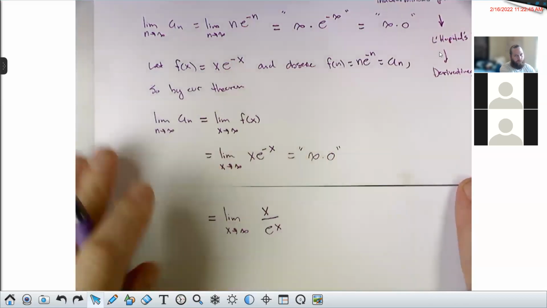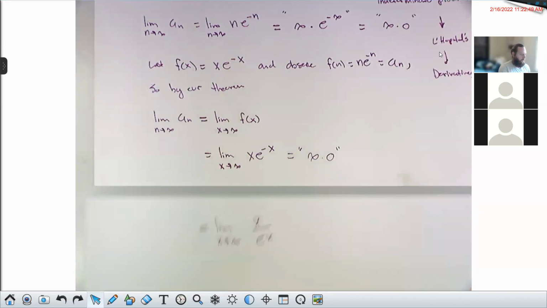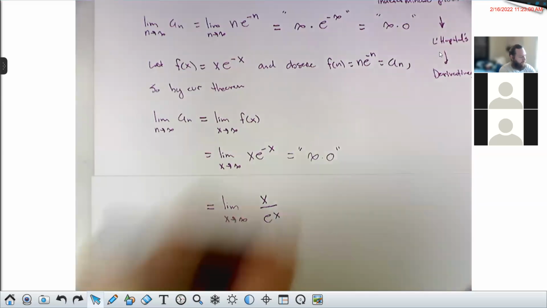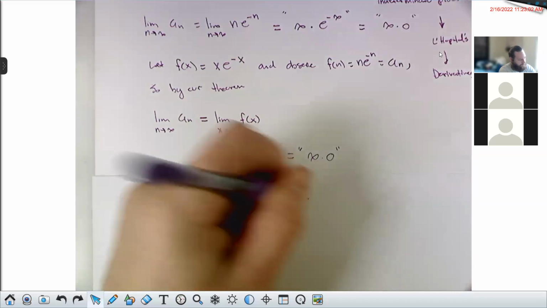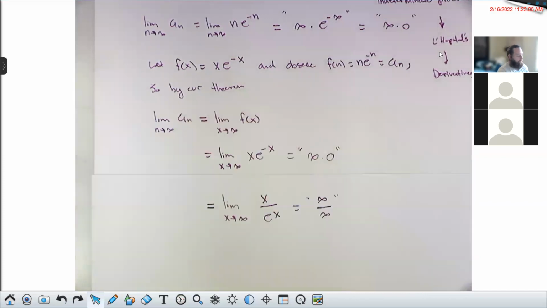Those are fractions where the top and bottom are either both going to 0 or both going to infinity. And if I rewrite x e to the negative x as x divided by e to the x, now I can apply L'Hopital's rule, because this, as x goes to infinity, looks like infinity over infinity.